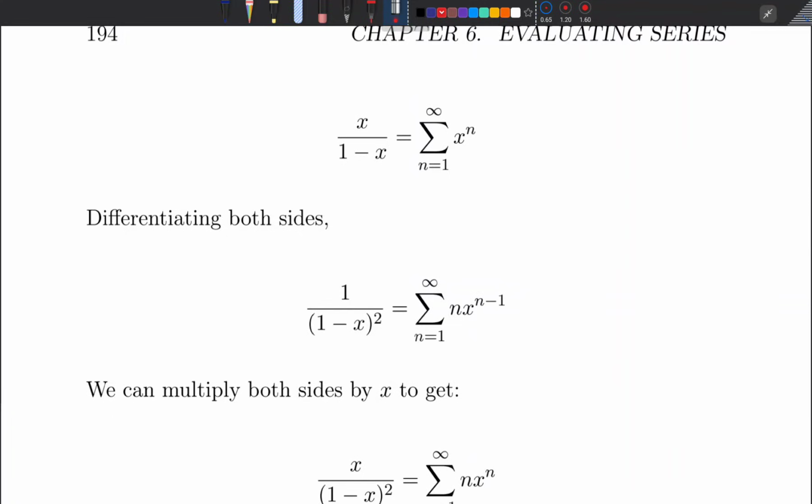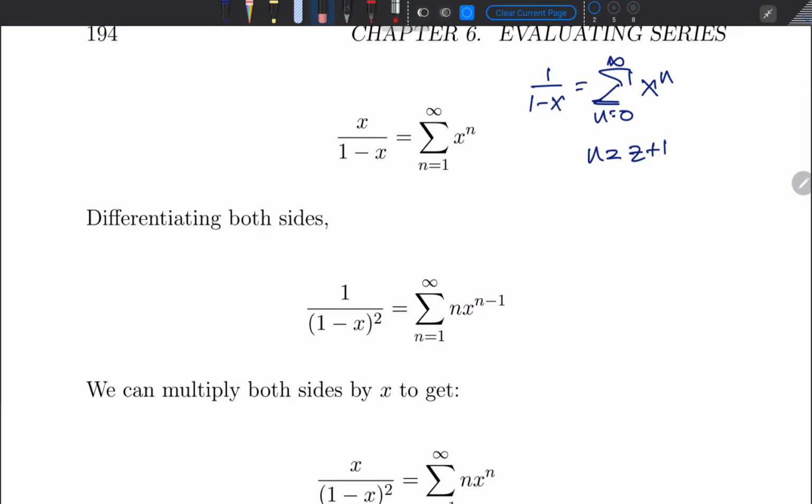How did we reach here? So far what we have read is 1 over 1 minus x as the sum as n goes from 0 to infinity of x to the n, right? Basically what we're going to do here is change our index variable.